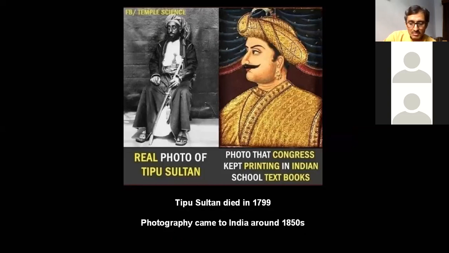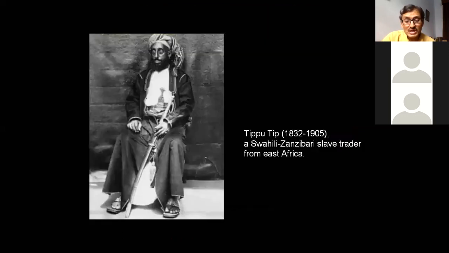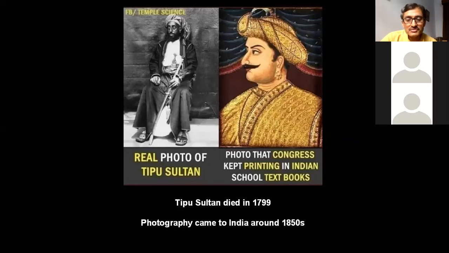But then I did a little more research and found that this black and white photo is of somebody called Tipu, who was born in 1832, and he was from Africa. He was a Swahili Zanzibari slave trader from East Africa. And just because his name is Tipu, somebody thought of using that and made up this kind of thing.